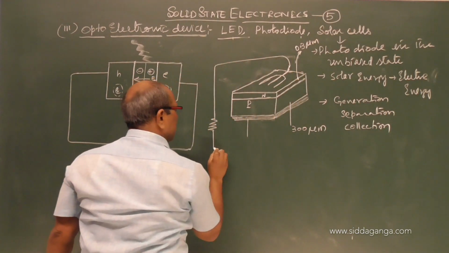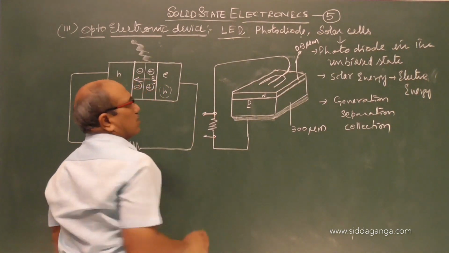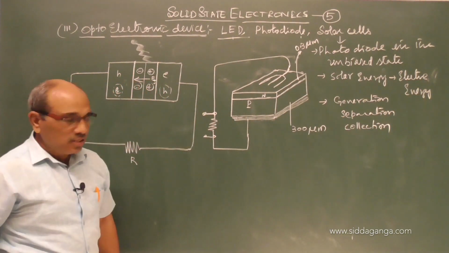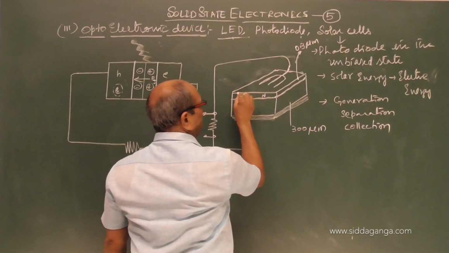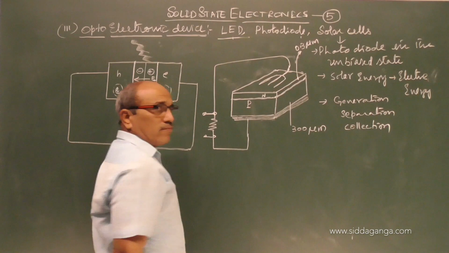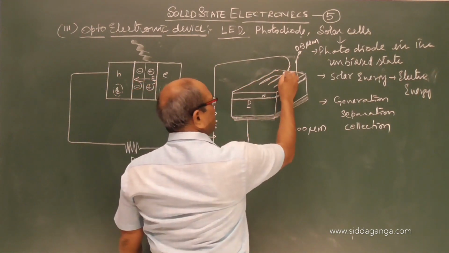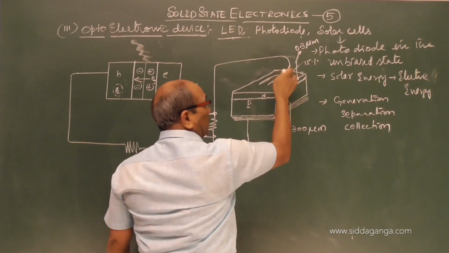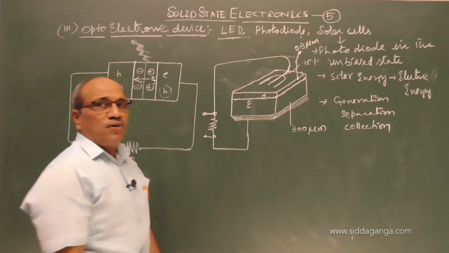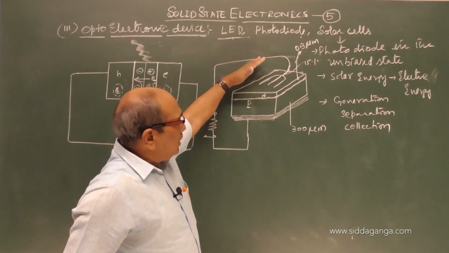Through the resistor it is connected, and here the output is drawn. This is the structure. The junction is made very close to the surface and the surface area is made wide. About 15% is covered by metallic strip, and 85% of the surface is open to receive the solar radiation.